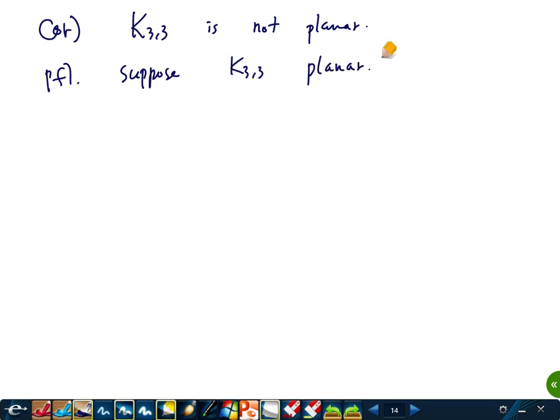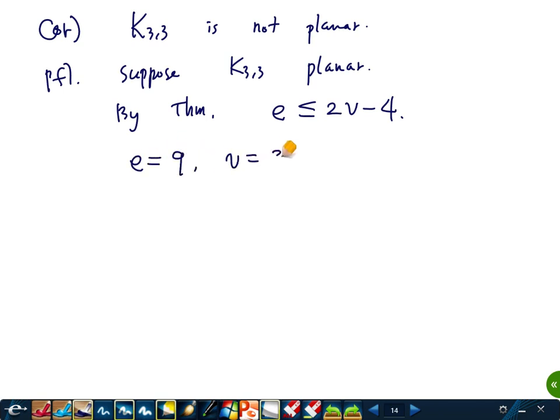But we know that it is bipartite, connected, and simple, so it satisfies the conditions of the previous theorem. By the previous theorem, E is less than or equal to 2V minus 4. We must have this inequality. But what is the number of vertices? V equals 6. What is the number of edges? E equals 9. Let's plug these into the inequality.